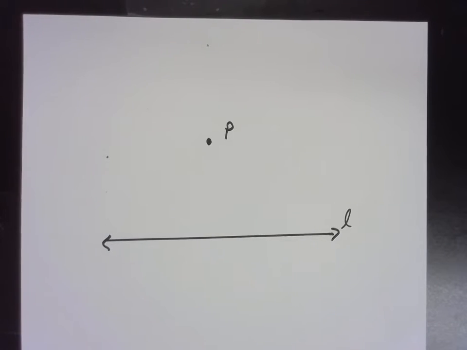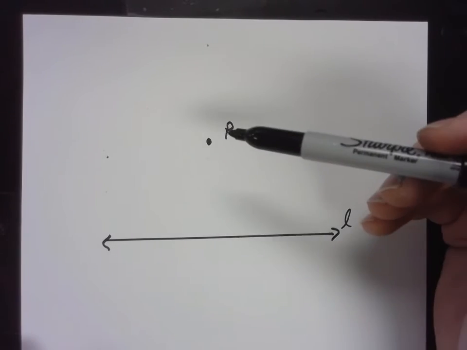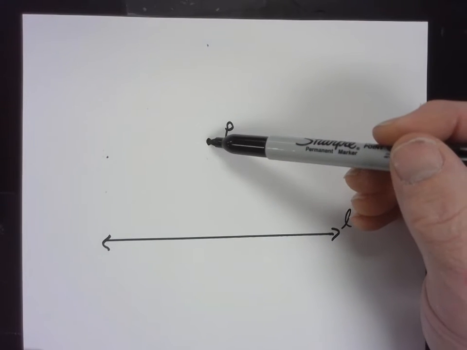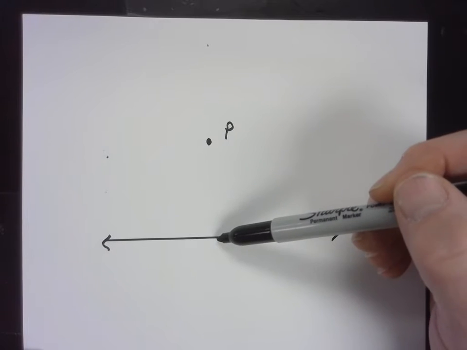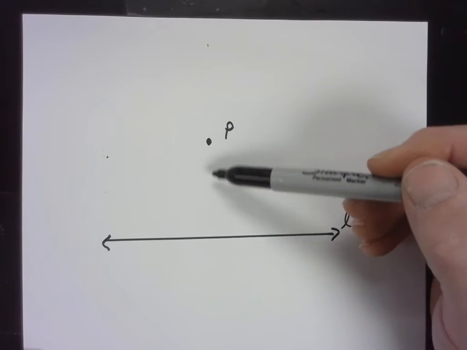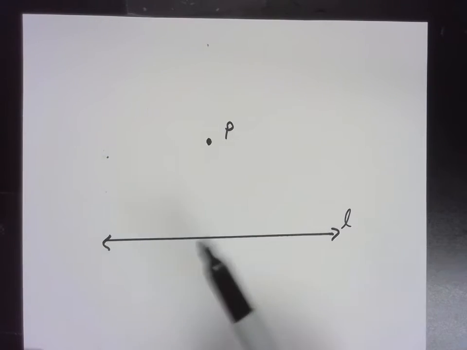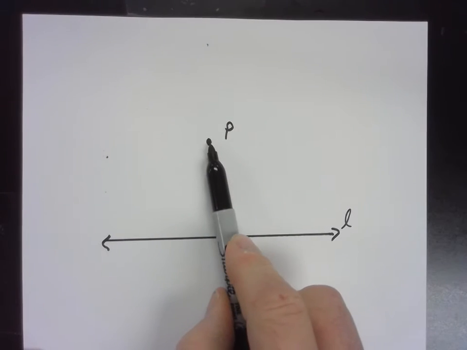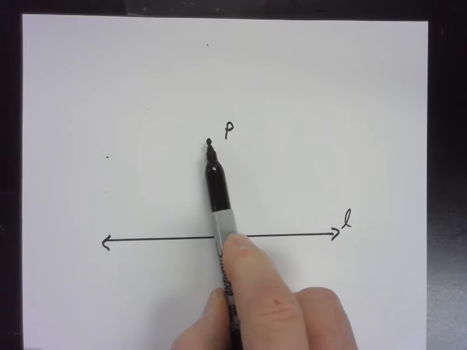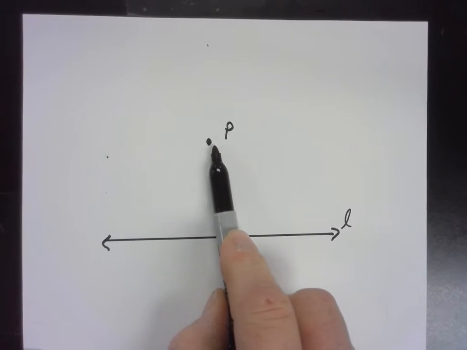The perpendicular postulate says there is only one line that can go through point P that is not on line L and be perpendicular to line L. So we have a line, we have a point that's not on the line. There's only one line that can go through that point and be perpendicular to line L.